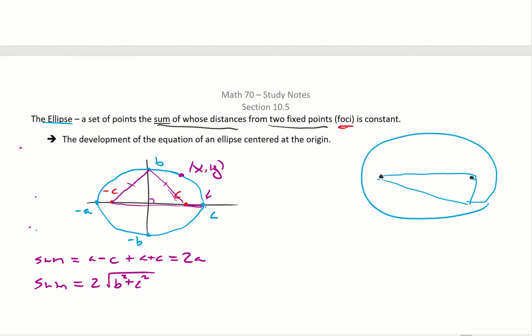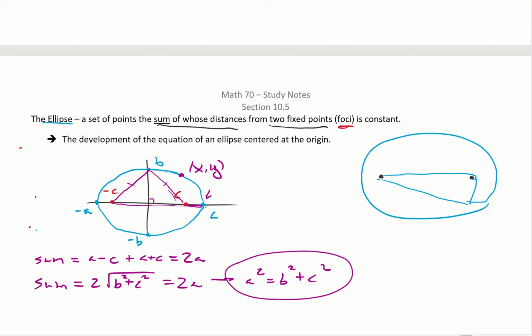The sum is constant, and what this does is it leads us to, if you can see this, get rid of the 2's. This has to be equal to 2a, which leads us to this: a squared is equal to b squared plus c squared, which is a very important identity inside an ellipse.